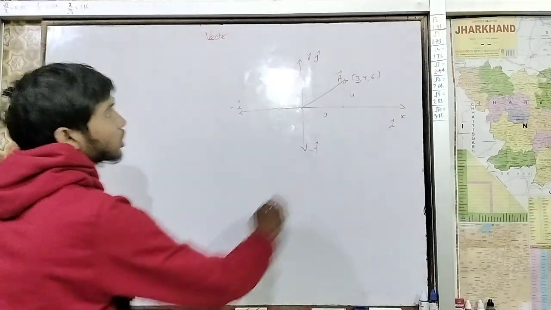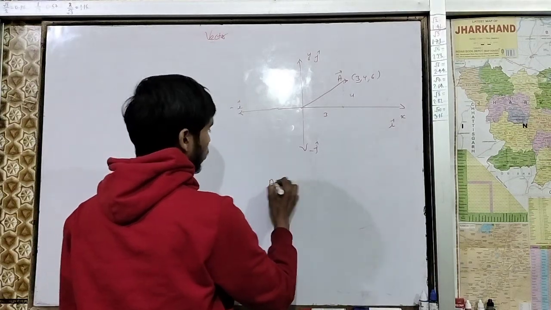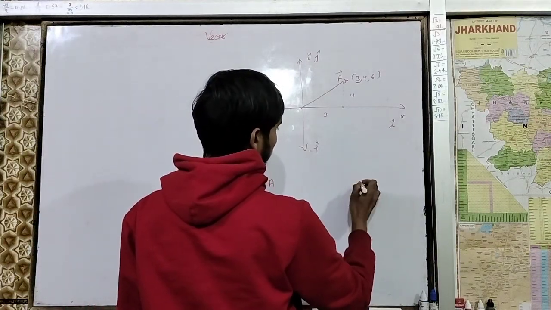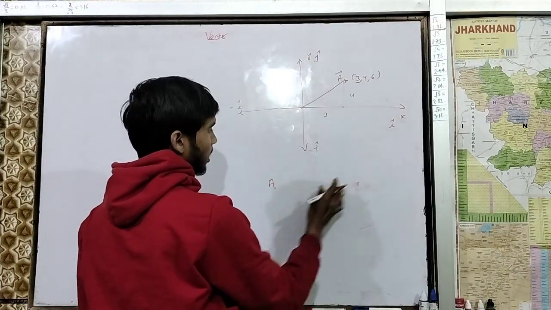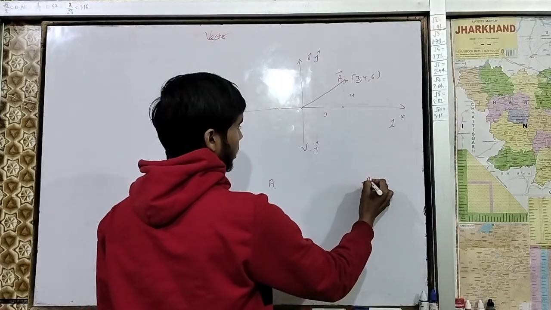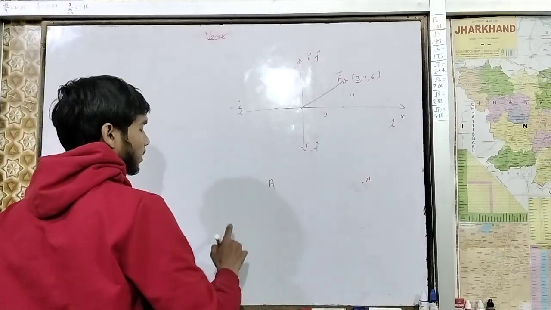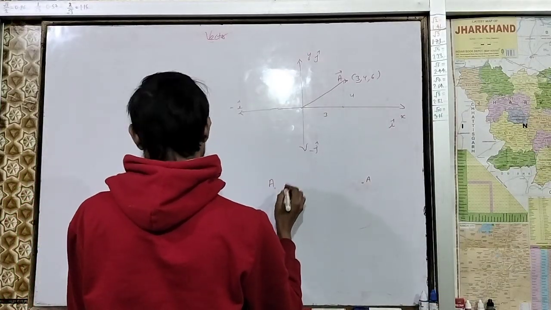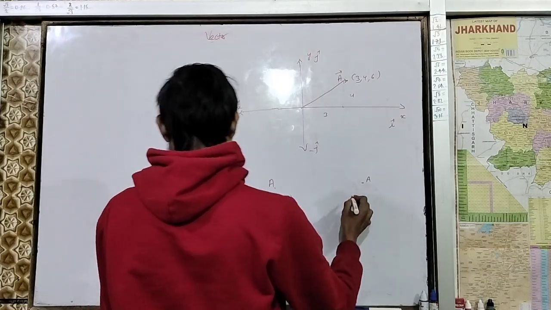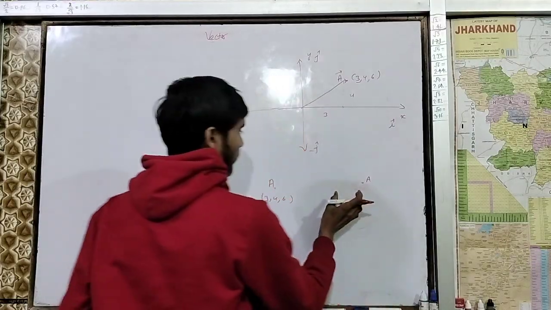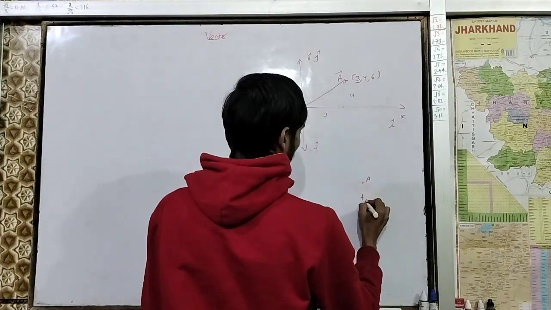What was the location of A vector according to origin? We have seen. Now there are two particles, otherwise you can say there is one particle. The initial location of this particle was over here and the final location is over here. According to the Cartesian plane, coordinates are 3, 4, 6, and when the particle came to this place, coordinates became 4, 8, 9.